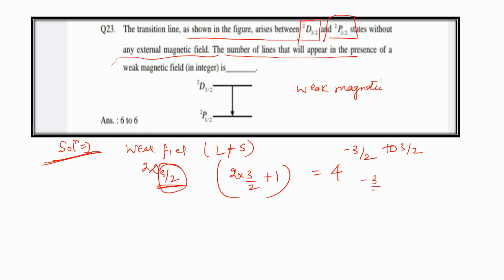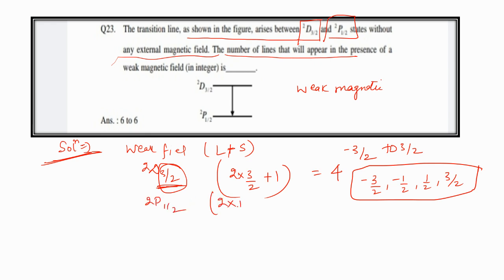So minus 3 by 2, minus 1 by 2, 1 by 2, and 3 by 2. These four values. Again, P1 by 2 will split into two values, minus 1 by 2 to 1 by 2.